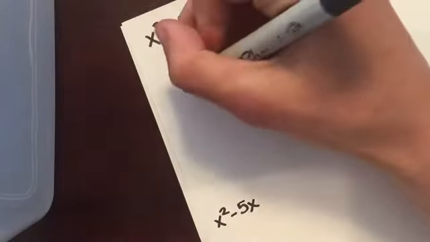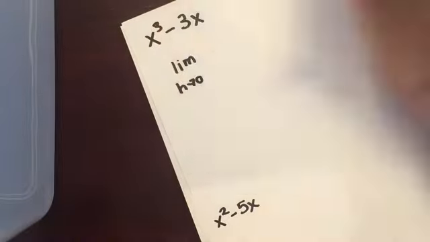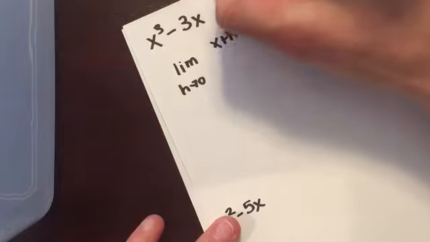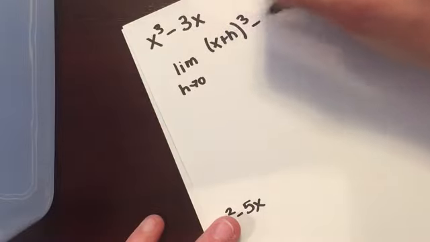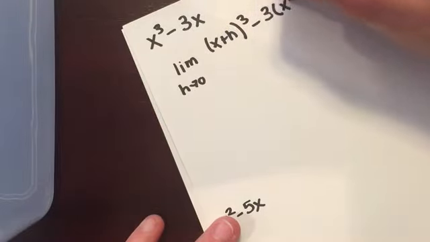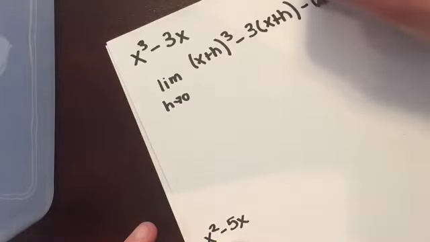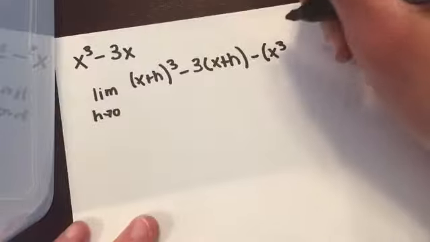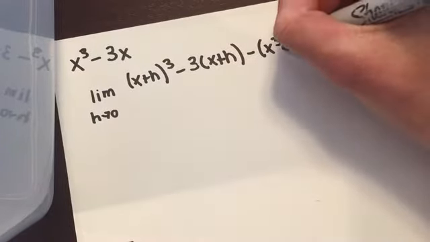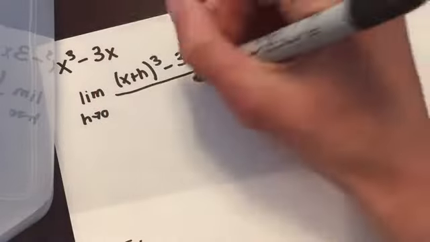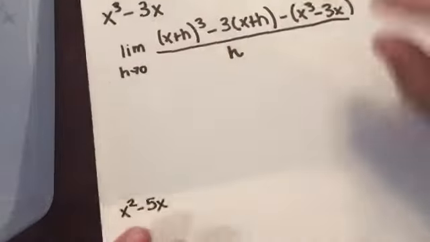Okay, so we're going to take the limit. So the limit as h approaches 0 is x plus h cubed minus 3 times x plus h minus x cubed minus 3x, over h. So we're going to now simplify this equation.